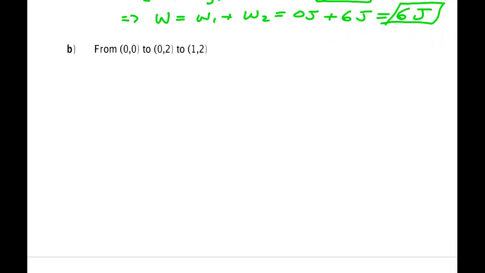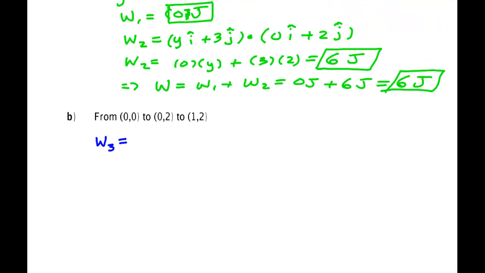So from (0, 0) to (0, 2), this is work on 3. We're going to have to put in our equation for work, and for that I need the force, and the force was yi hat plus 3j hat, and then I want to dot that with the displacement.